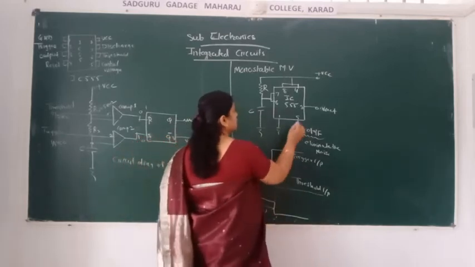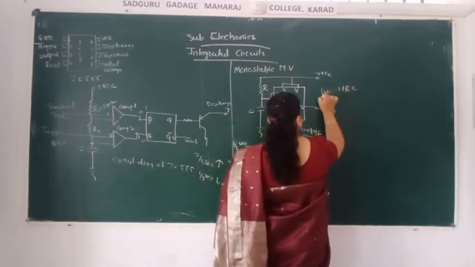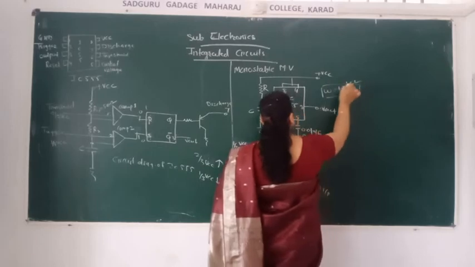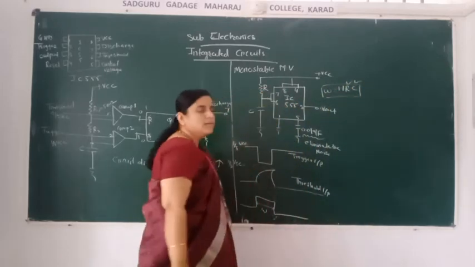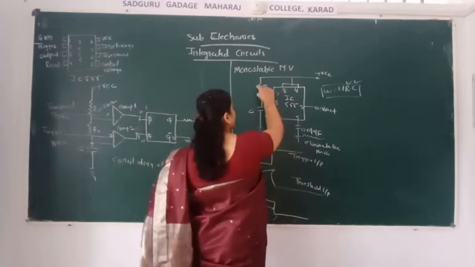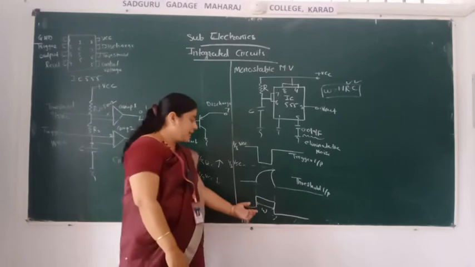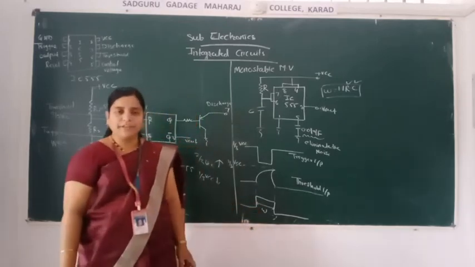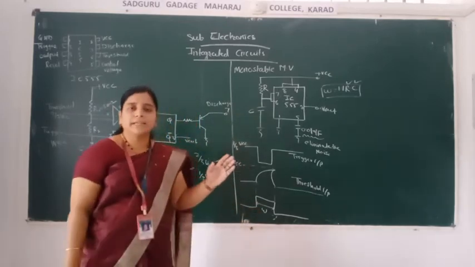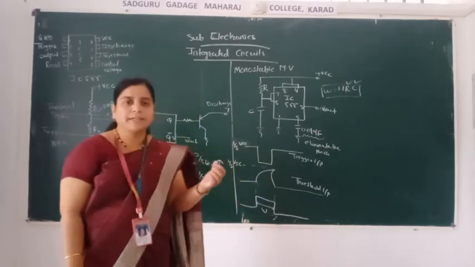The formula for the width is W equal to 1.1 R into C. So the width depends on the values of R and C. If you select the proper value of capacitor and resistor, then we will get the proper width. What are the uses of the monostable multivibrator?